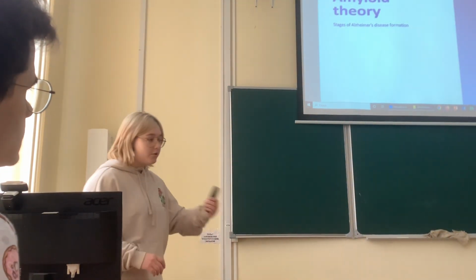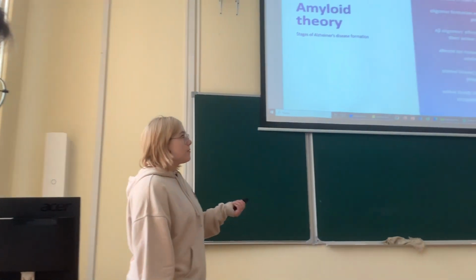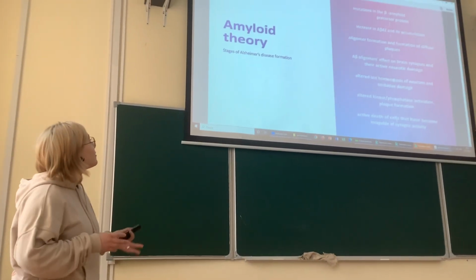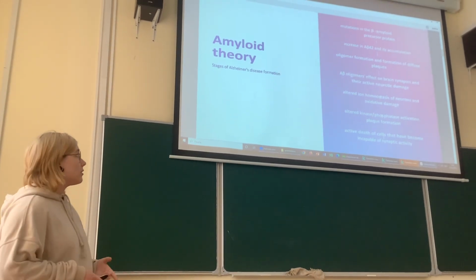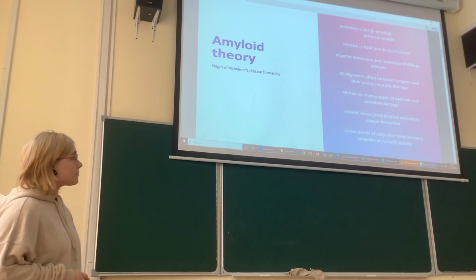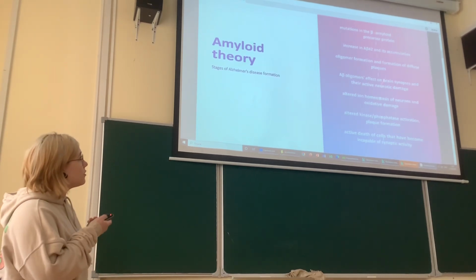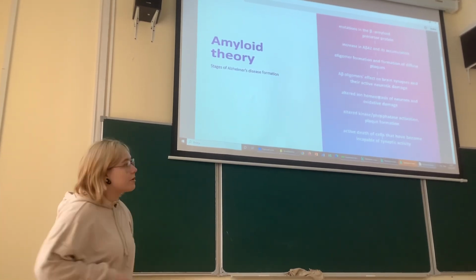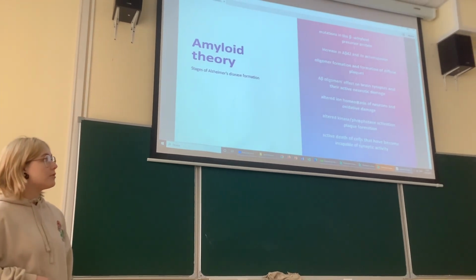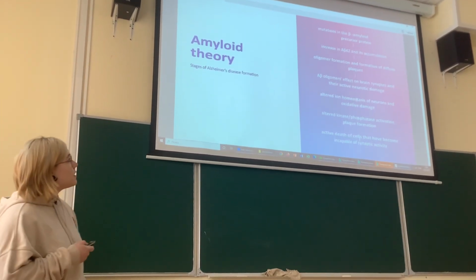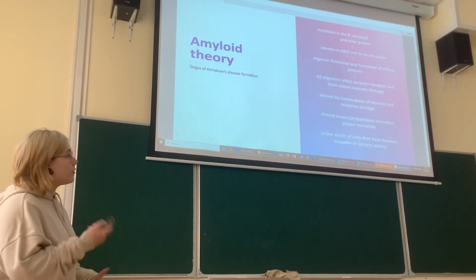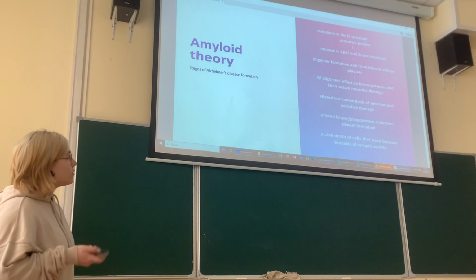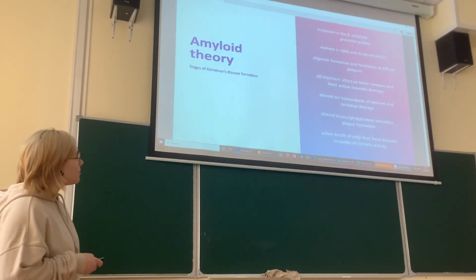A few more stages and information about amyloid theory, which can also cause Alzheimer's disease. First stage is mutation of beta amyloid precursor protein under the influence of gamma secretase. Then it goes to the beta amyloid 42 and its accumulation.